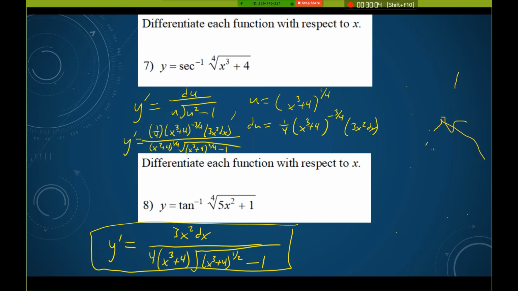Right now my a is 1, and x is just x. So this is the arcsine of x over 1 plus c, or the arcsine of x plus c.